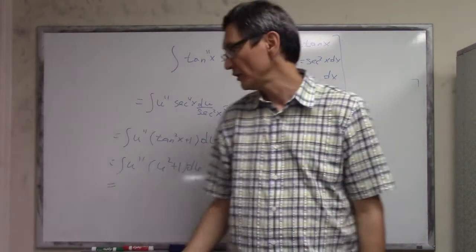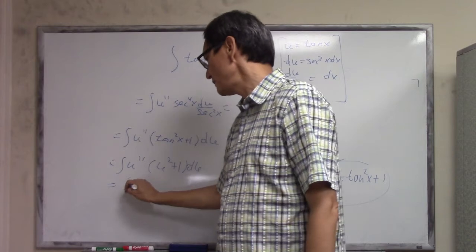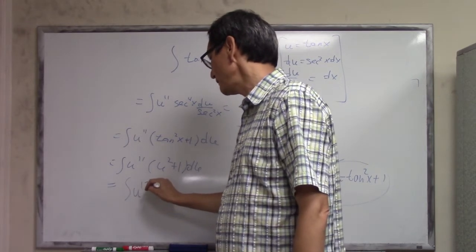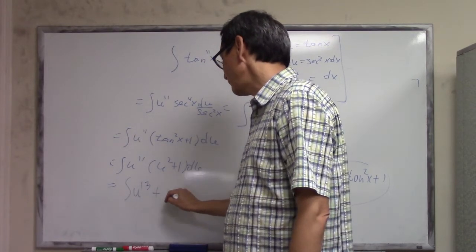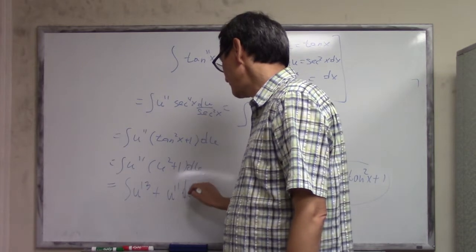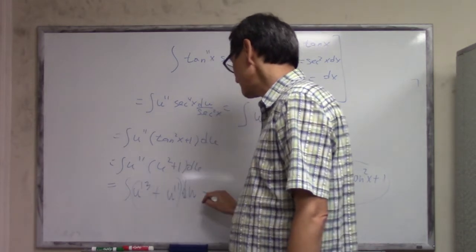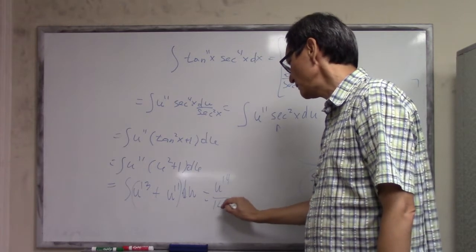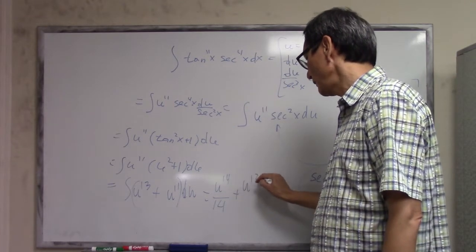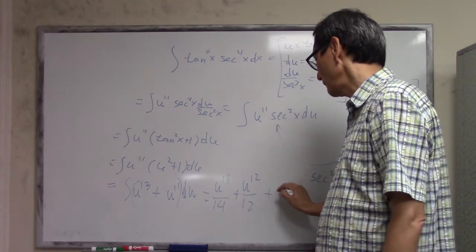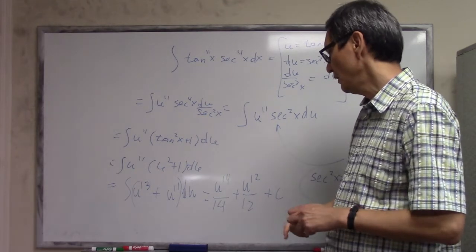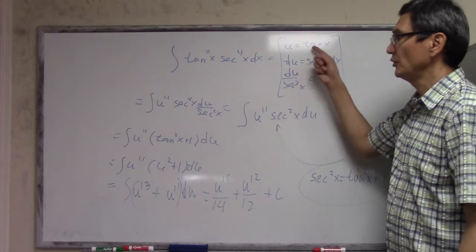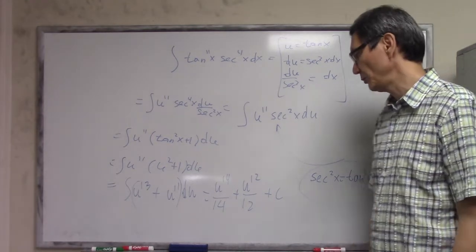Break that integral into two simple ones: the antiderivative of u to the 13 plus the antiderivative of u to the 11 du. Two simple integrals. So we're going to get u to the 14 over 14 plus u to the 12 over 12 plus c. Do a back substitution, u equals tangent x, and we'll be done.